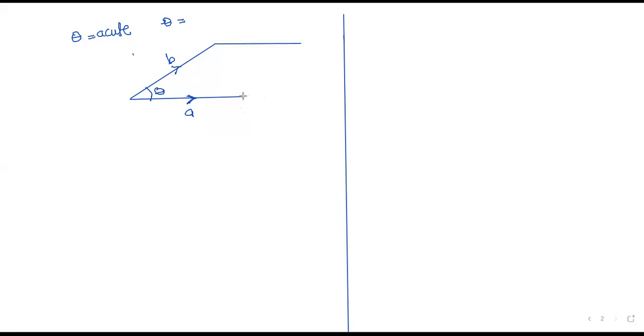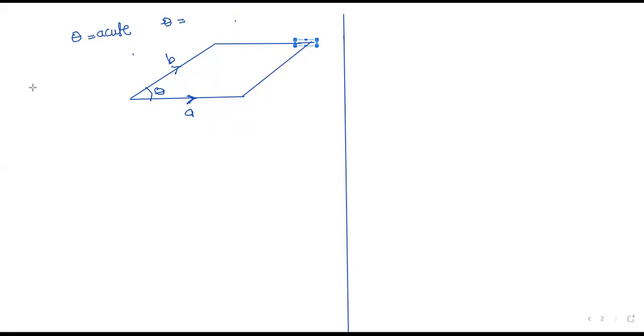And then another vector here. So here we resolve the two forces into a parallelogram of vectors.